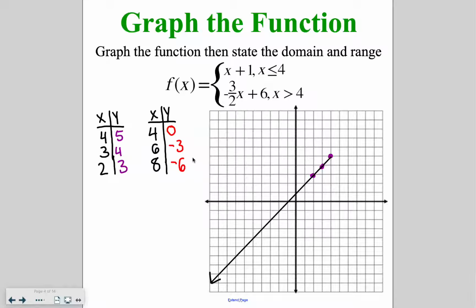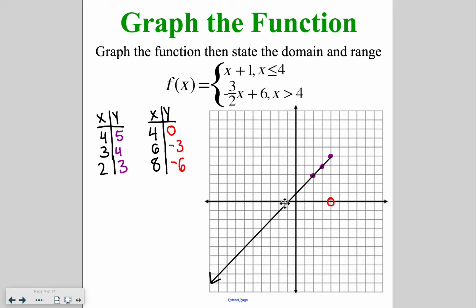When I go to graph this second part, notice this piece of your graph does not have the equal to part. Whichever part does not have the equal to part, so in this case the second part, your first dot when you put it on the graph, so when I go over 1, 2, 3, 4, instead of having a filled in dot, I'm going to leave that as an open dot.